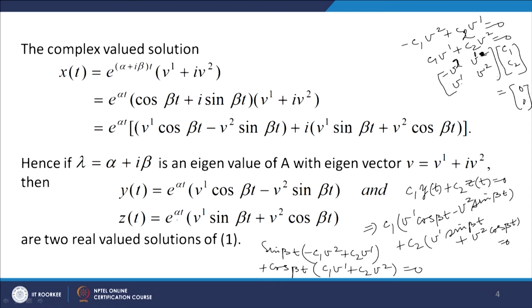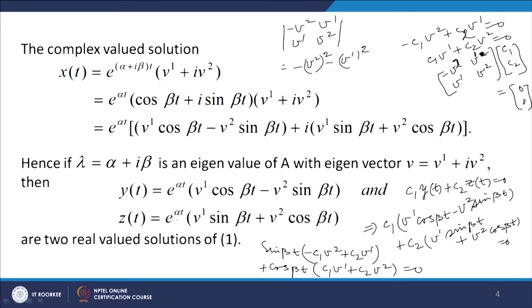Now, to prove that C1 and C2 equal 0, we need to prove that the determinant of this matrix is non-zero. And what is the determinant? Minus b2 b2 minus b1 b1, so the determinant of this is minus b2 whole square minus b1 whole square.